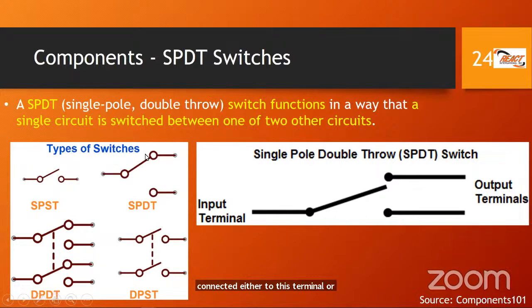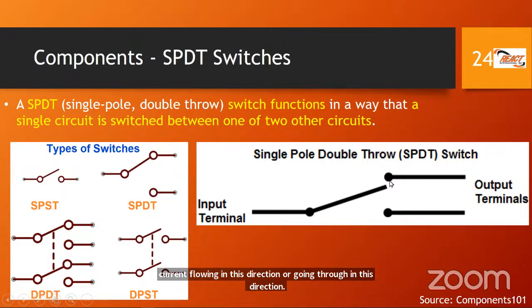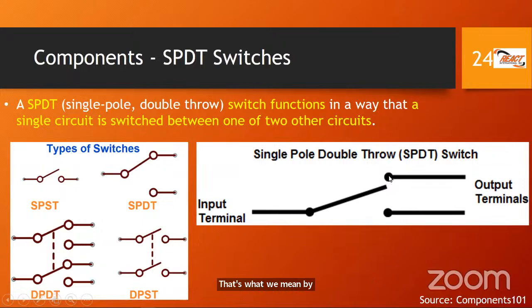What that means is that we can switch between the current flowing in this direction or going through in this direction. That's what we mean by single pole double throw. We can throw it either this way or that way. So it's two throws, one, two, single pole double throw.